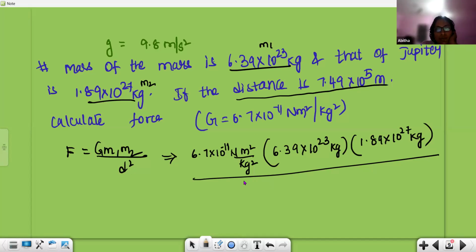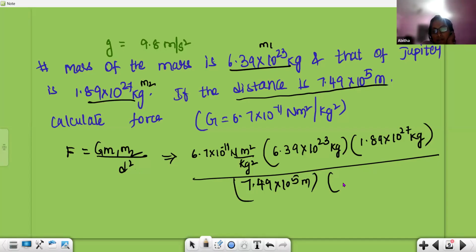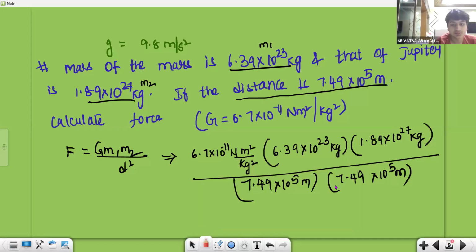As it is a square, we have to write it twice: 7.49 into 10 power 5 meter into 7.49 into 10 power 5 meter. Am I correct? Okay, which units can we cancel here?